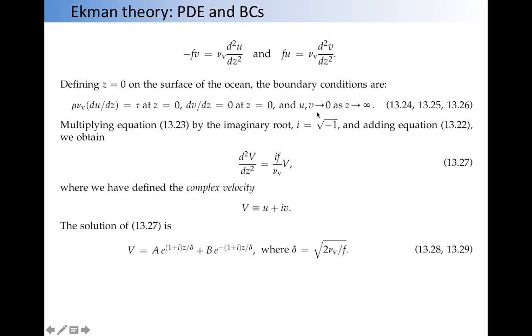I think this is kind of a typo. z should be positive upward, and we have this as minus infinity, right? That means this term will disappear. Otherwise, it doesn't make sense. Okay? Sorry about that.